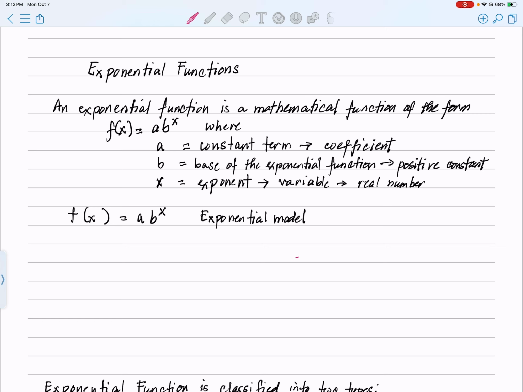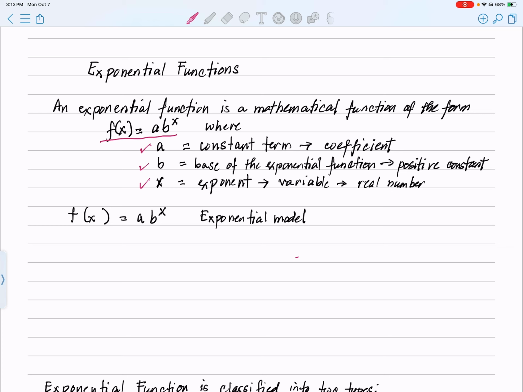So an exponential function is a mathematical function of the form f of x equals a times b to the power of x, where a is the constant term and that is the coefficient, b is the base of the exponential function, and that's a positive constant, and x is the exponent, and that is a variable, a real number.